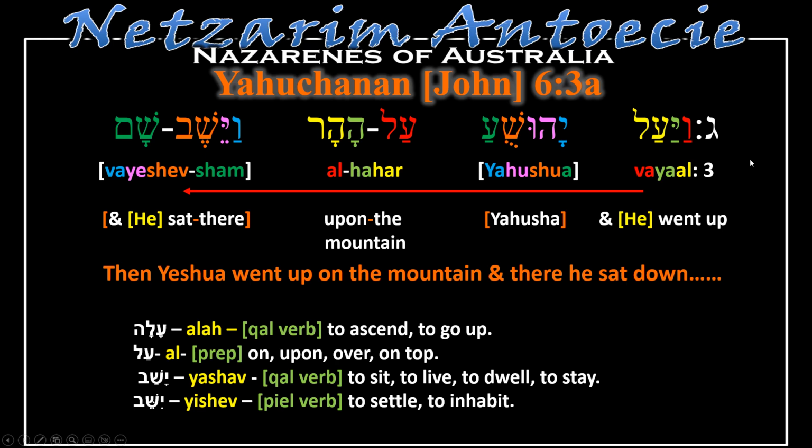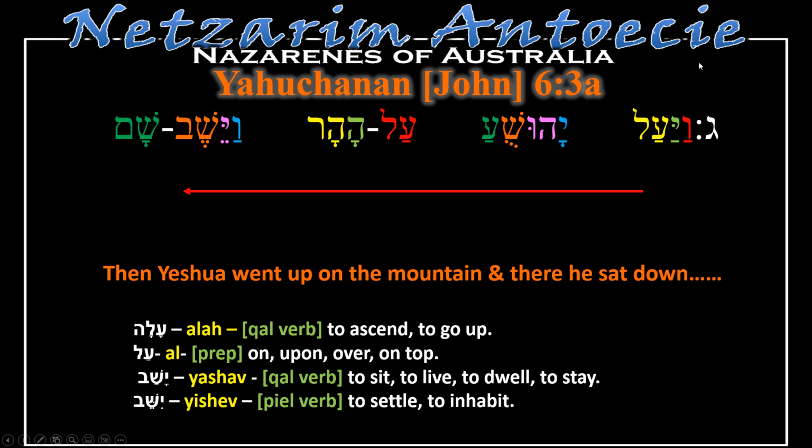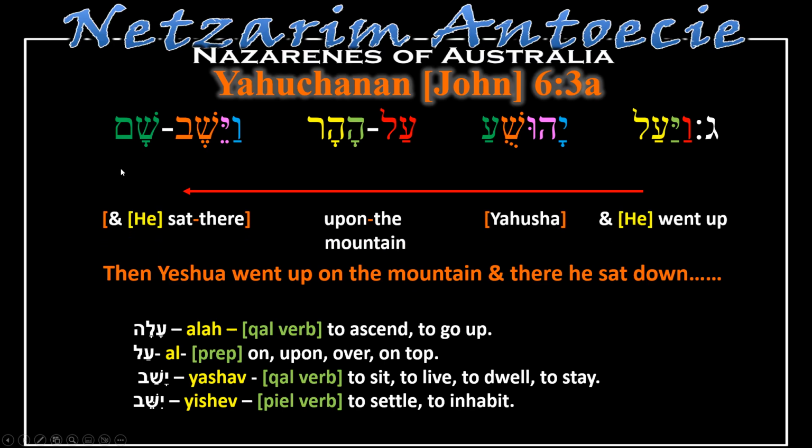And so now it is time for us to read that. Vaya'al Yahushua al hahar vayeshev sham. Right? And he went up, Yahusha, upon the mountain, and he sat there.